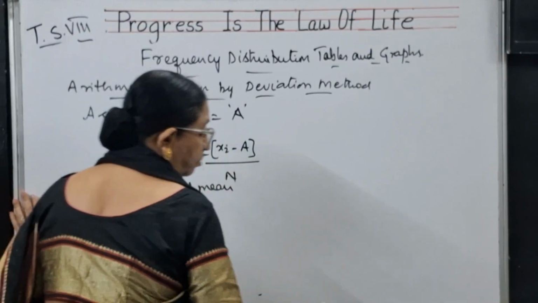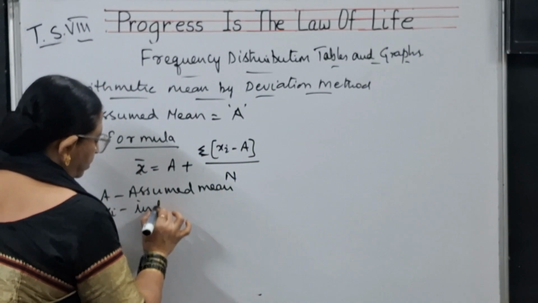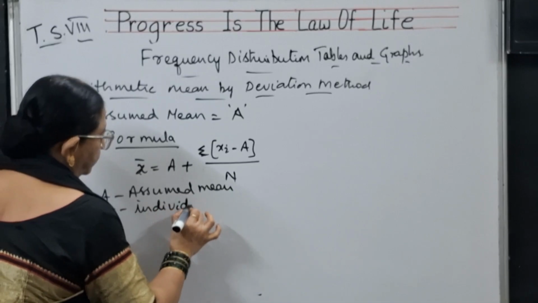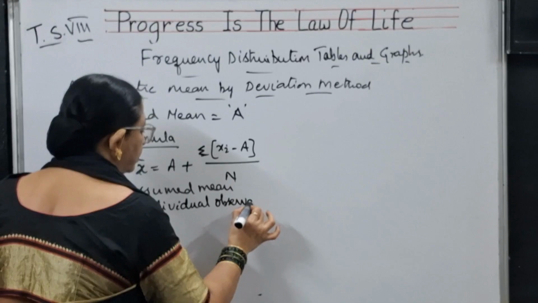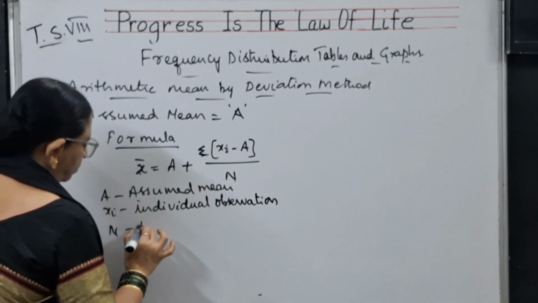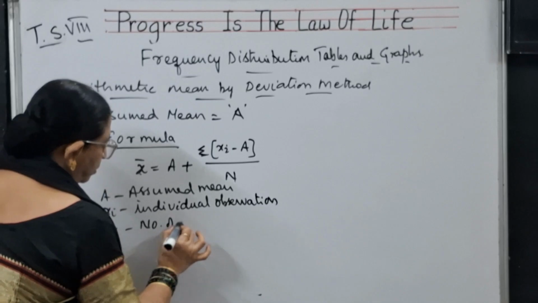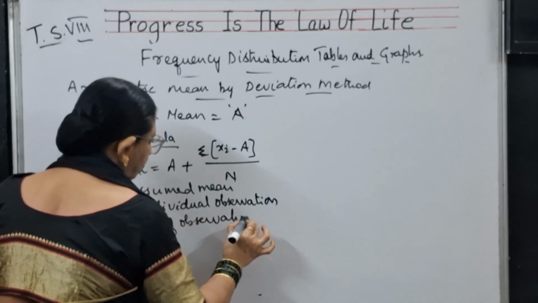Earlier we have taken some of the observations. So individual observations. N will give you the number of observations.